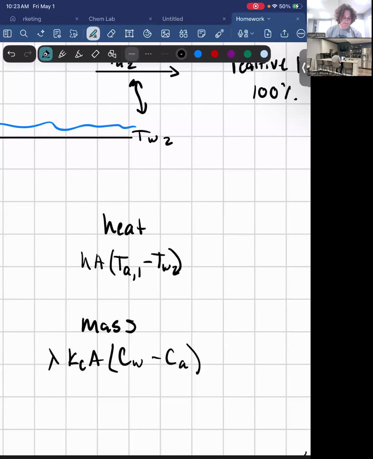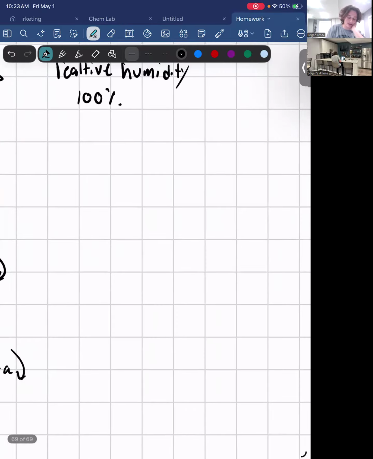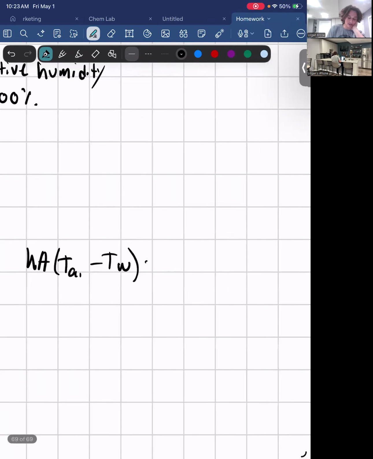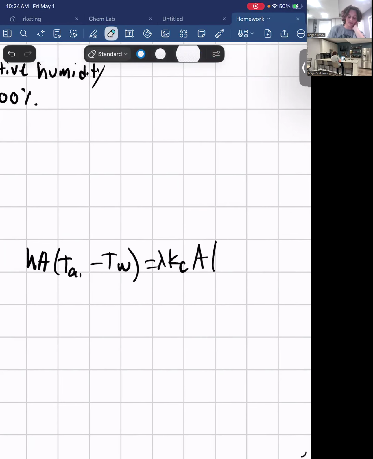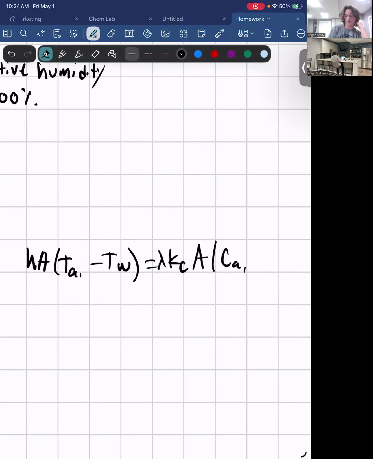And this is actually not water. This is air 1 and then air 2. Sorry. And so we can set these equal to each other once again. Our HA, T air 1 minus T water equals lambda KcA, concentration 1 minus concentration 2.